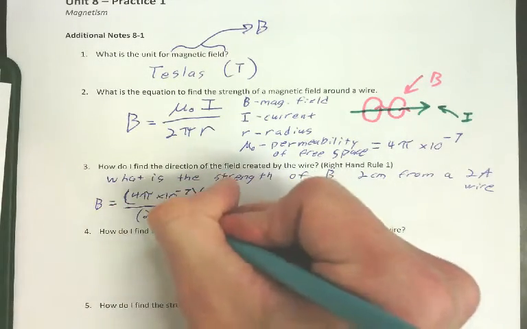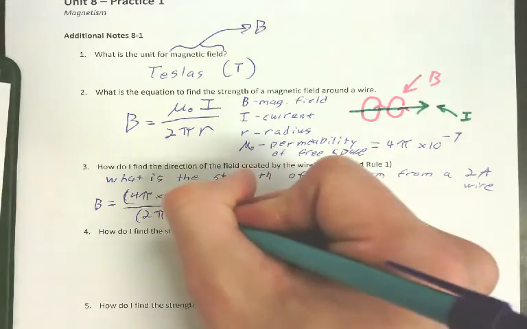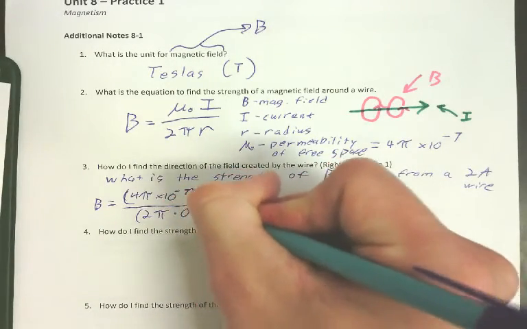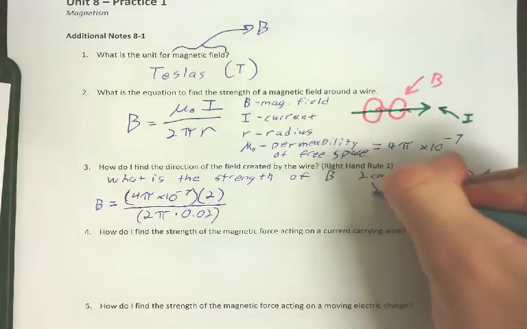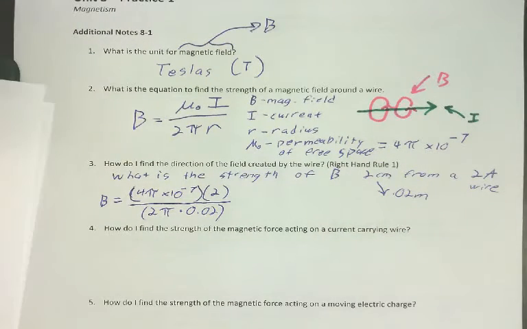And the r is the meters away. So this would be 0.02 meters. And that's it. You multiply the numbers together to get an answer.